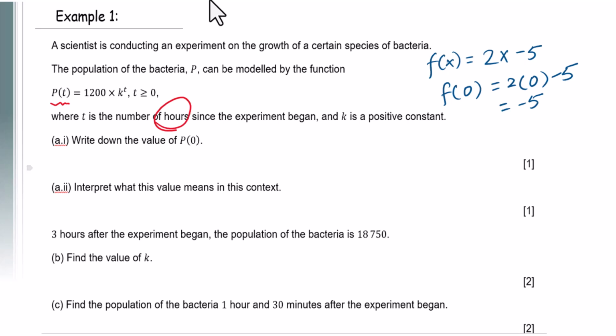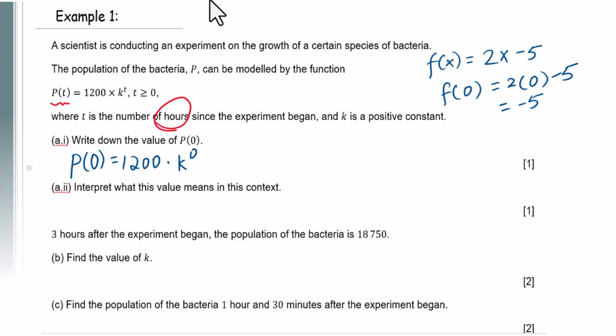In this case, for P of 0, we will change every single t into 0. So P of 0 equals 1200 times k to the 0th power.